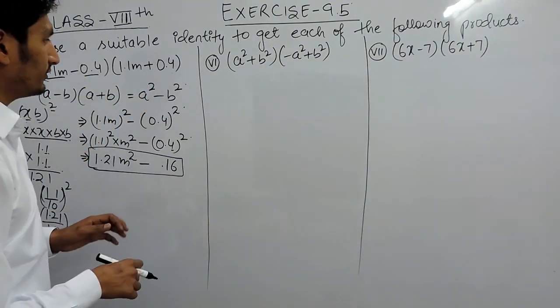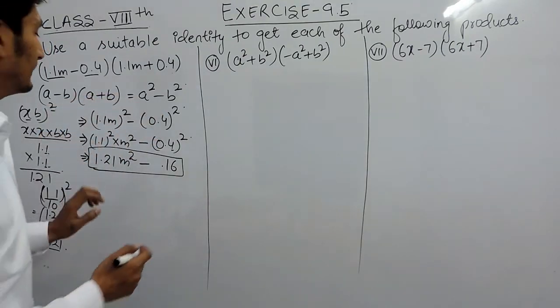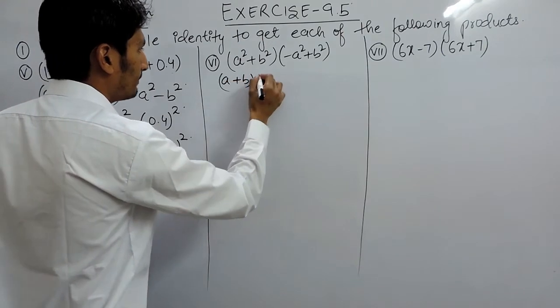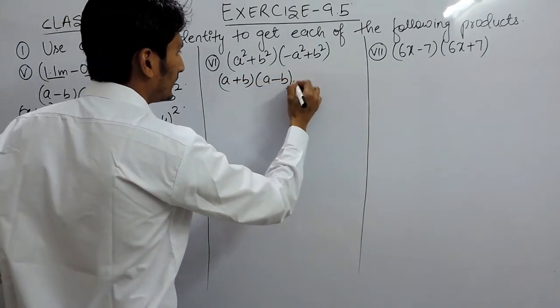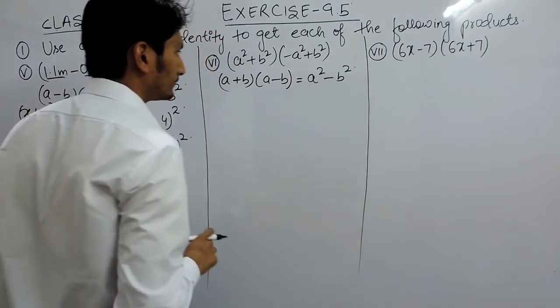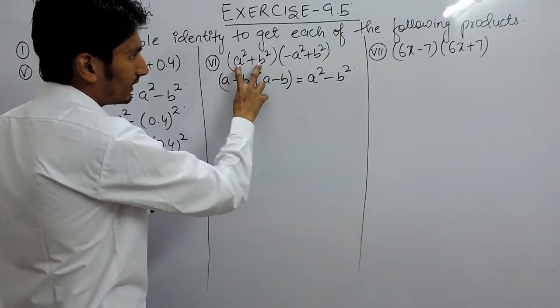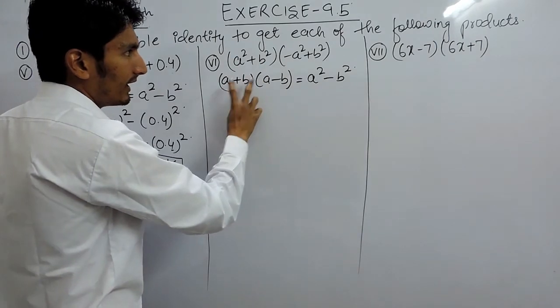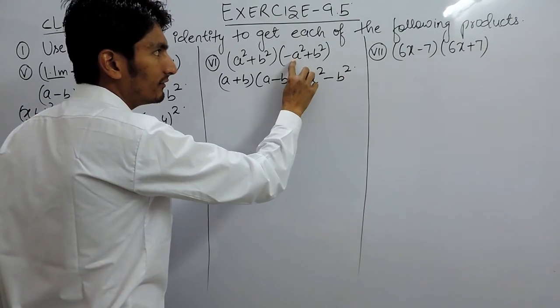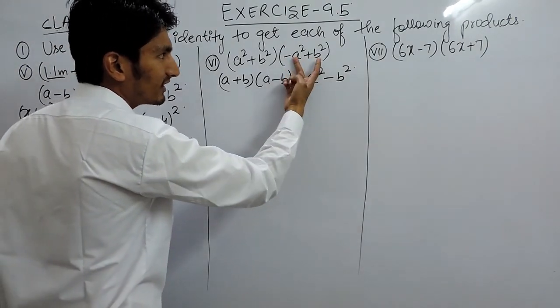Now again we have to use the same identity here, which is (a plus b) multiplied with (a minus b), and this is equal to a square minus b square. This is our a plus b and this is our a minus b. But here the minus is in the first place, so we can reverse it.